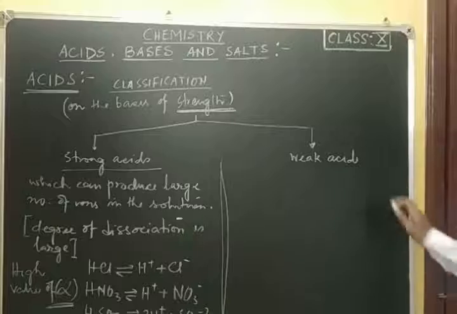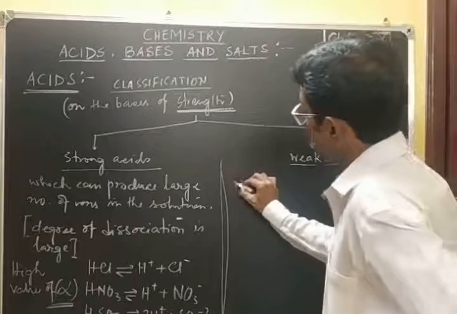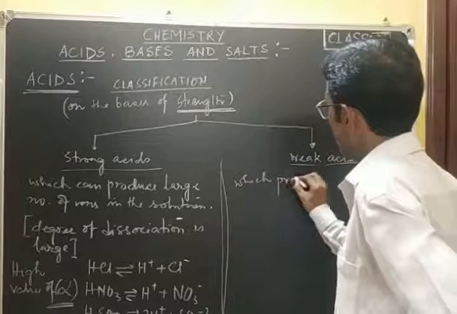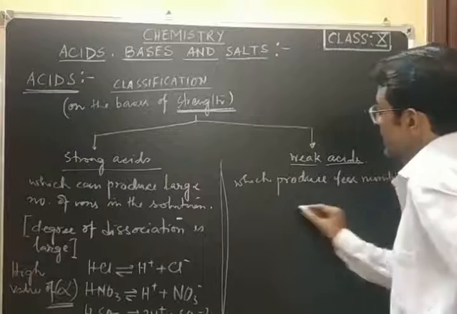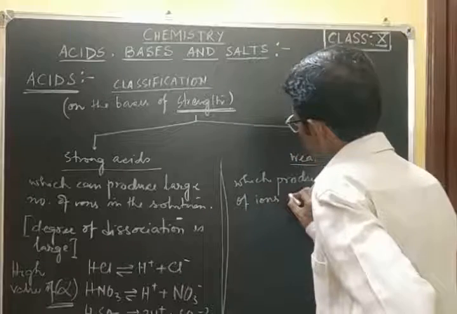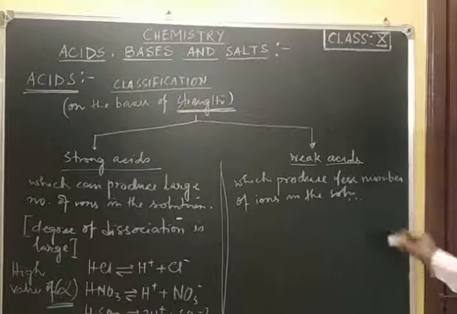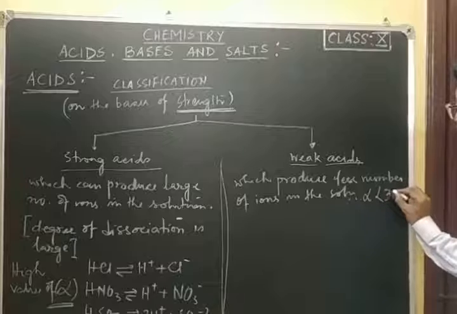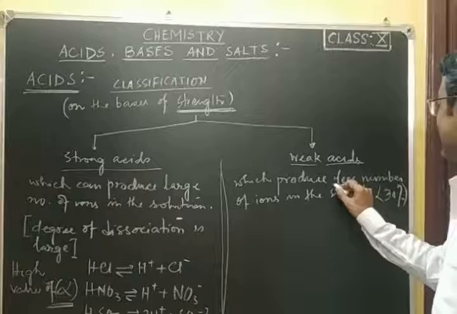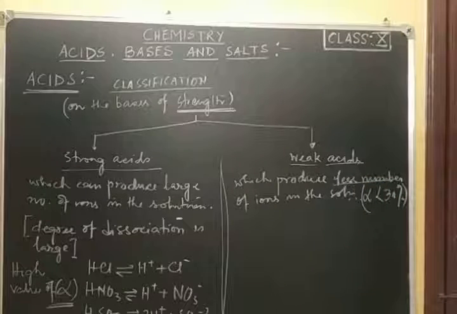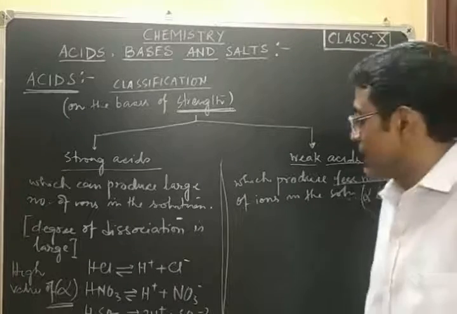And weak acids are the acids which produce less number of ions in the solution. So remember here the degree of ionization, that is alpha value, is less than 30%. This is the information I am giving you. So the main thing is less number of ions. Normally, inorganic acids are strong acids and organic acids are weak acids.